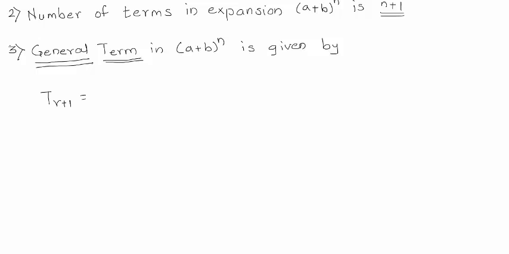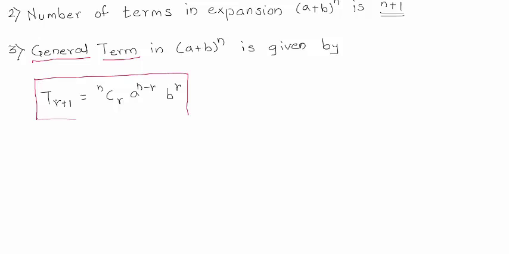And this formula is: for (a + b)^n the general term is given by T(r+1) equals nCr a^(n-r) b^r. So this expression gives me the general term, which is very important and needs to be remembered. Okay, students.